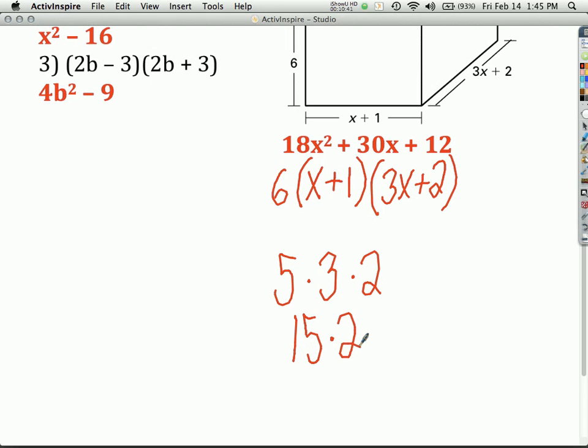That's what Dayanara was demonstrating mentally: she multiplied this first, got the result of 6x plus 6, and then multiplied that times 3x plus 2. As she said, she made a mistake right there, but she had the right idea.